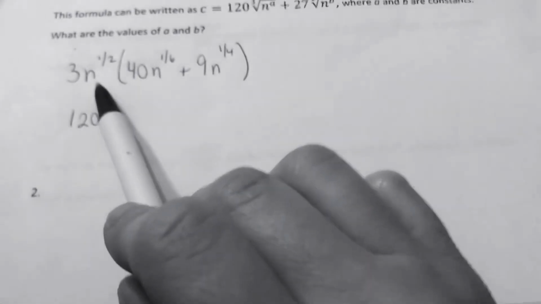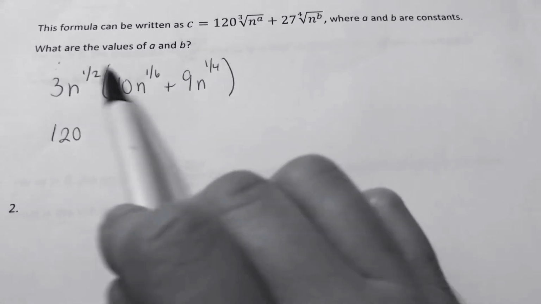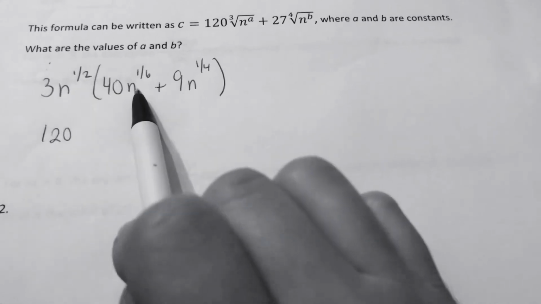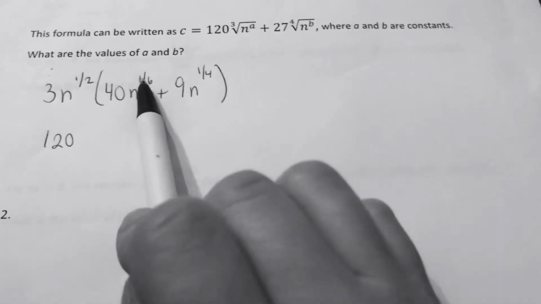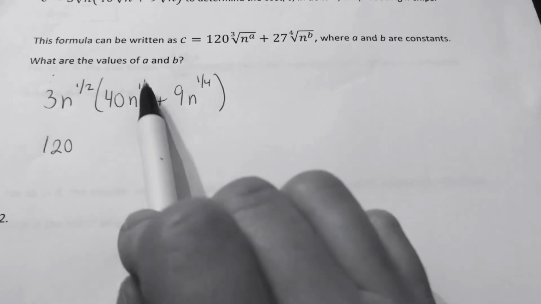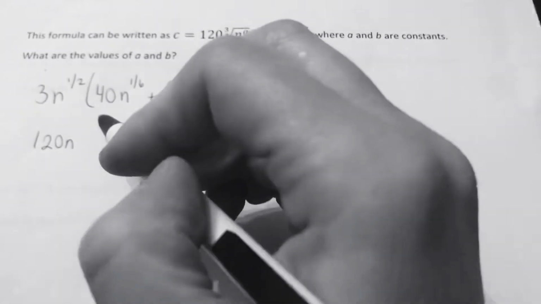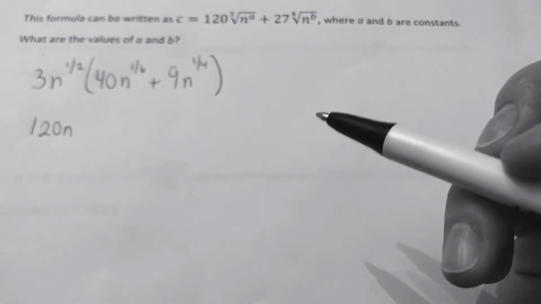So 3 times 40 is 120. And then here, n to the 1/2 times n to the 1/6. Follow your exponent rules. When you're multiplying and you have exponents, you add the exponents. So I have to add 1/2 and 1/6.